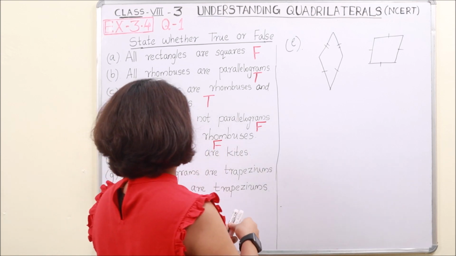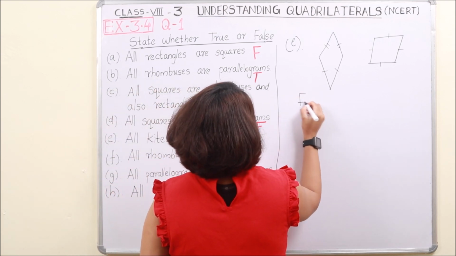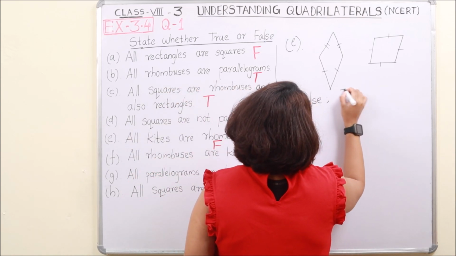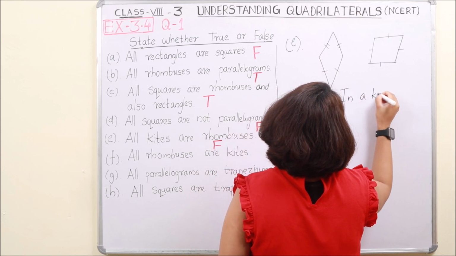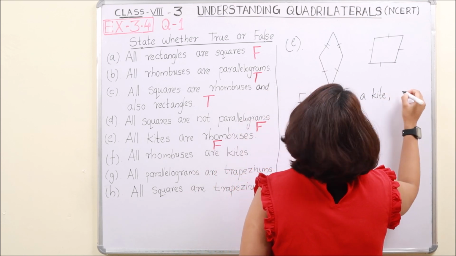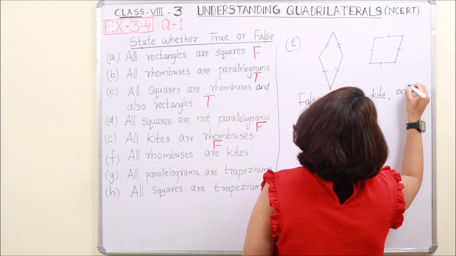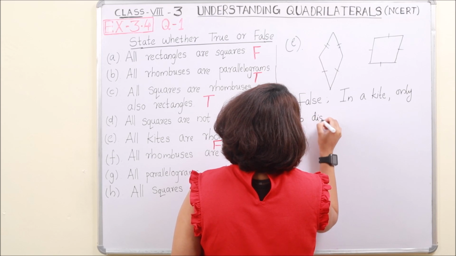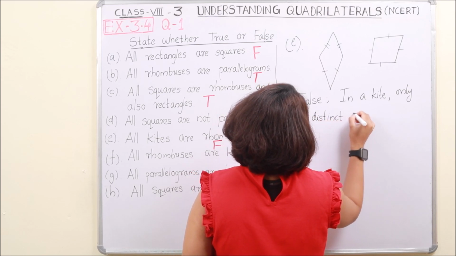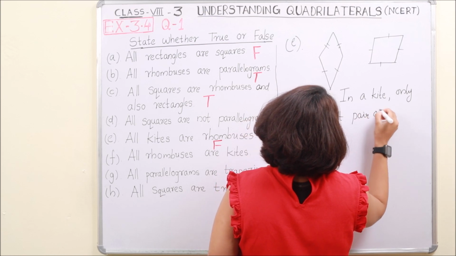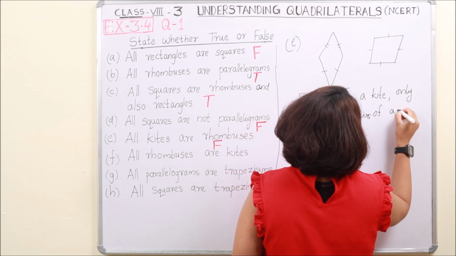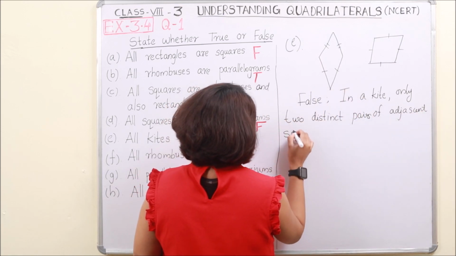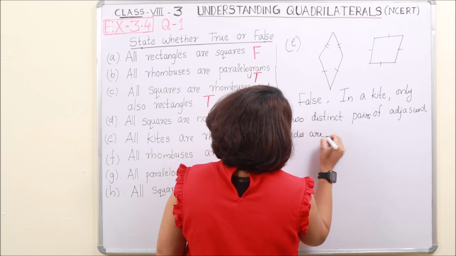The statement is false. The reason is, in a kite, only two distinct pairs of adjacent sides are equal.